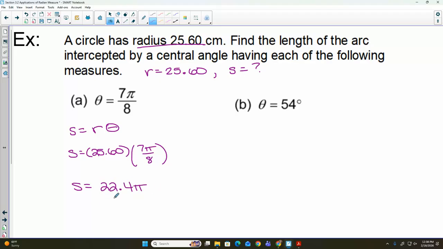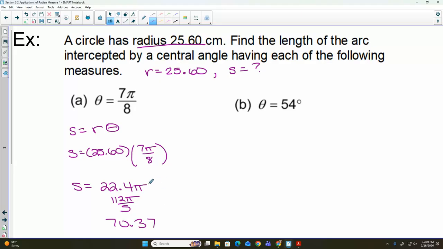Or if you did that as a fraction, it's like 112 pi over 5. Or if you go ahead and multiply out the pi, it's 70.37. Okay, all of these are equivalent. I don't care. Most of the time I leave my answer in terms of pi, as long as it's not too ugly. But any of those are fine.